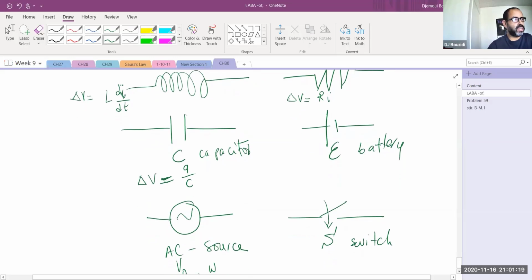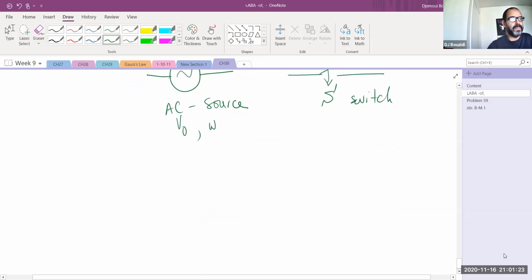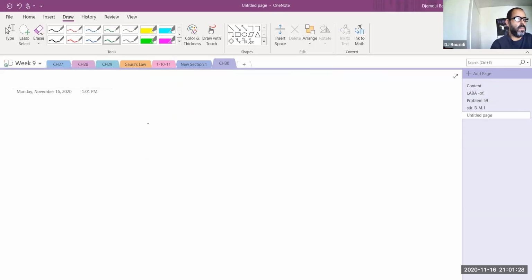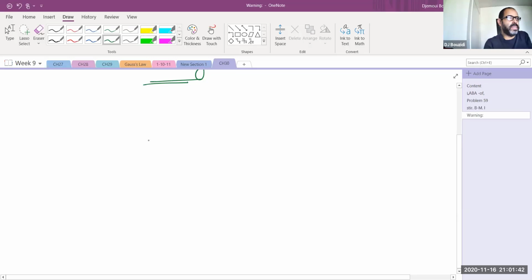Now, we have to be extremely cautious when dealing with an inductor in a circuit. Warning, big time. Let me explain what the problem is. If you have a circuit, it doesn't matter what it is, and you have an inductor in it, here is how the inductor would look.